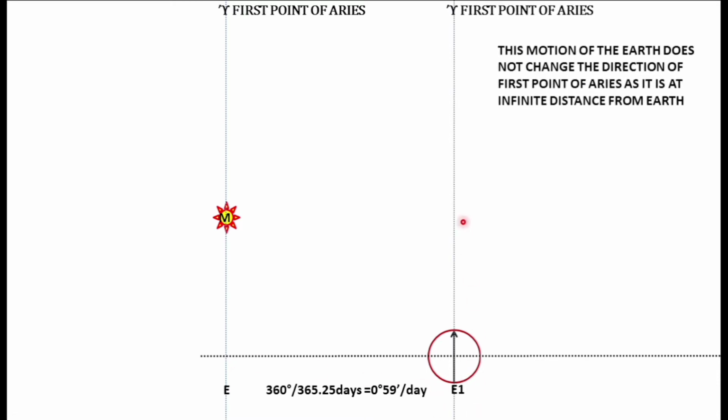The first point of Aries is at a very, very far off, infinite distance. So this small angle of 59 minutes would not really make any difference to the direction of the first point of Aries. And this is constant time. It's the true time for the Earth's rotation, and this is what we call a sidereal day.